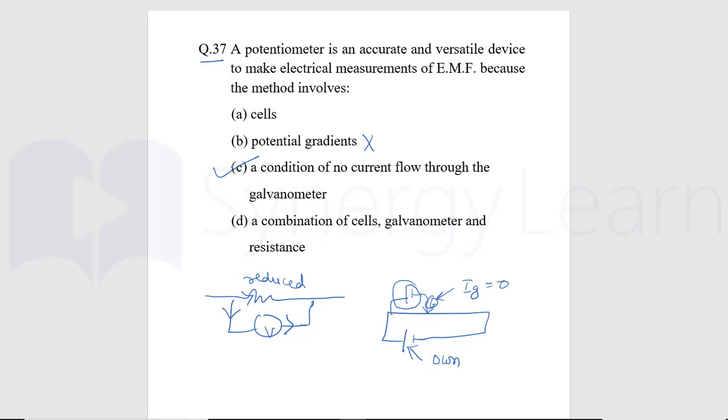So the third option is the correct option because it explains the scenario that a potentiometer draws no current from the circuit whose voltage it is measuring, whereas a voltmeter draws current from the circuit whose voltage it is measuring. Hence, the condition of no current makes the potentiometer more accurate.